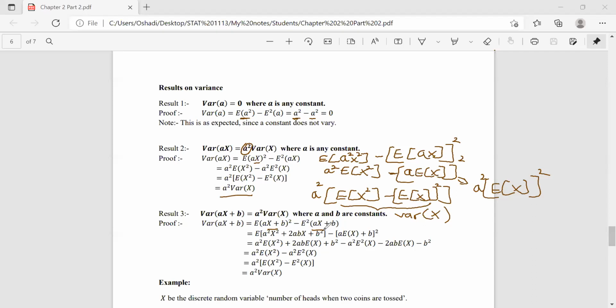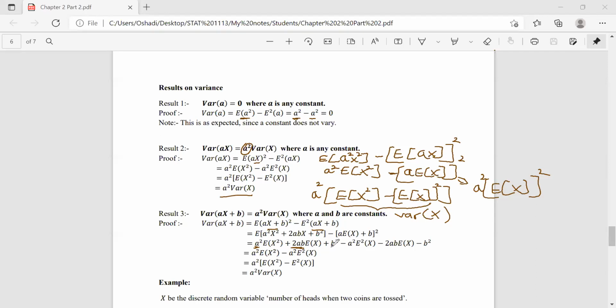And the expected value of ax plus b as a times the expected value of x plus b, squared. So we can take a squared out here, and here 2ab, both are constants, we can take them out, and the expected value of x plus b squared.